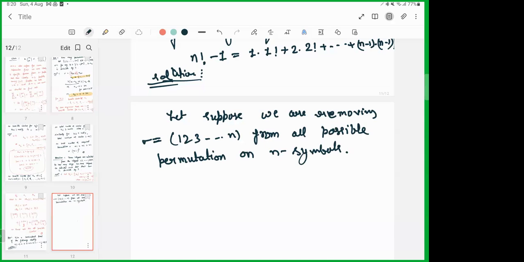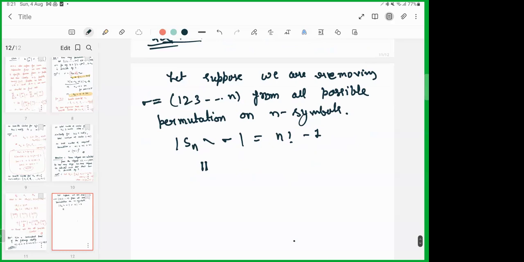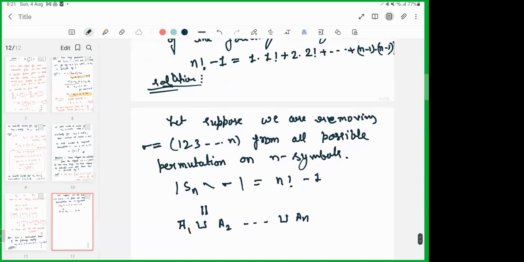So the cardinality of Sn minus sigma is n factorial minus 1. Now, how can I rewrite this? This is the main thing. I can rewrite it as a disjoint union of something, which I am going to explain to you.